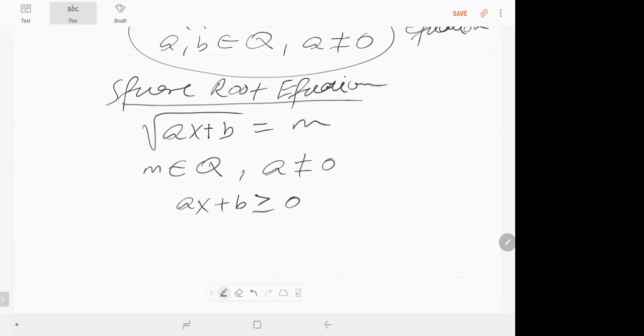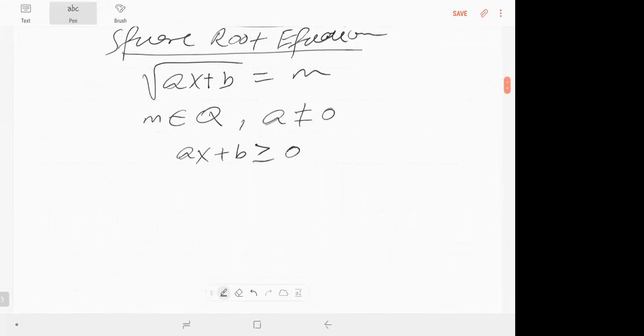Any equation that satisfies this condition is considered a square root equation, or an equation that involves a square root. Now let us go to how to solve simple square root equations. Let us consider examples.